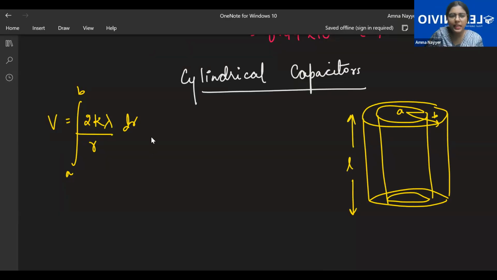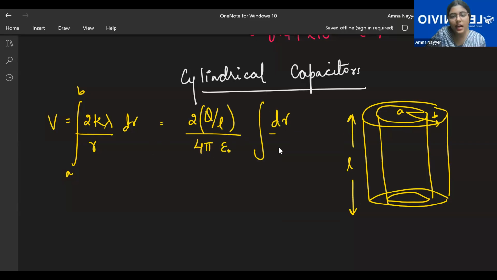So you can simply integrate it. You can write lambda as Q divided by the length, and k as 1 over 4 pi epsilon. Now you will be left with the integral of dr by r from a to b. Can anyone tell, from the knowledge of integration, what this is? Ma'am, log mod r.